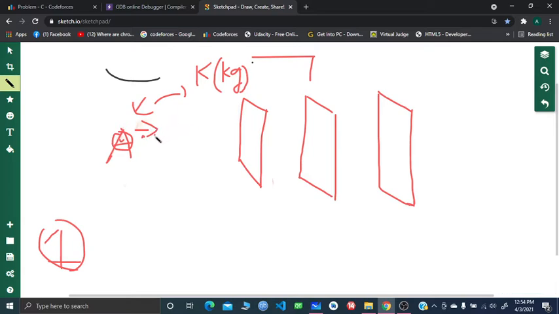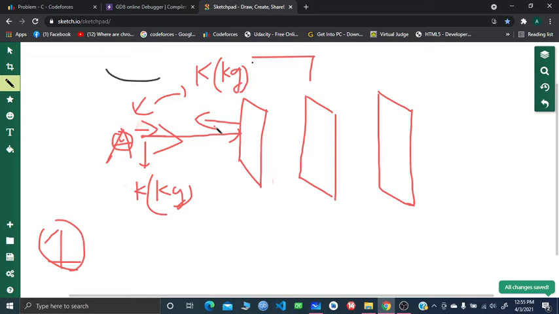What actually is going to happen is, let's assume this is k kilograms, and initially I push this particle with some velocity to move forward. Once this particle gets past the first barrier, another particle is produced and it goes in the opposite direction, but when it goes in the opposite direction, the mass decreases by 1.